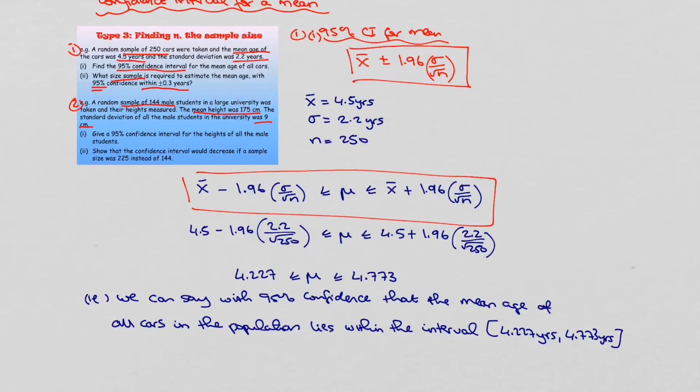So the first thing we want to do is get our 95% confidence interval of the heights. The 95% confidence interval implies our critical value is going to be 1.96. So we have our sample mean plus or minus 1.96 sigma over root n.